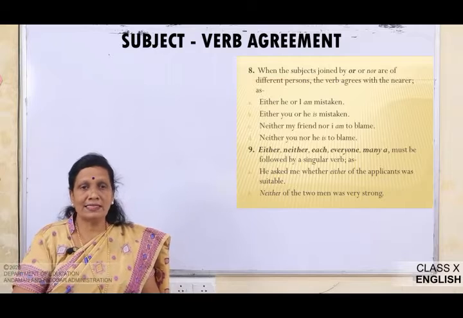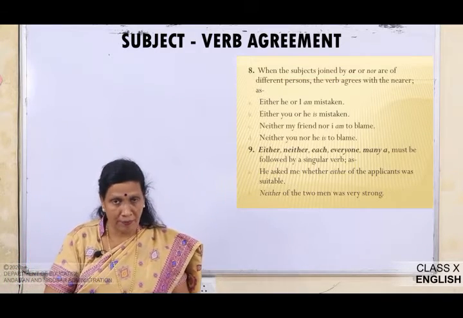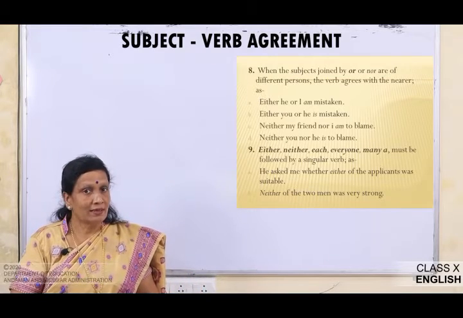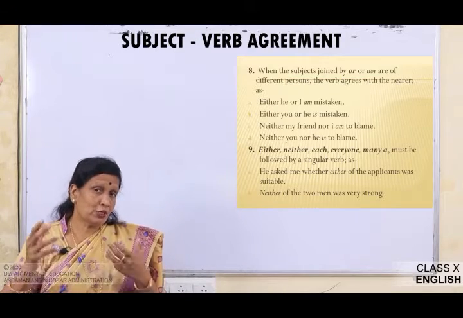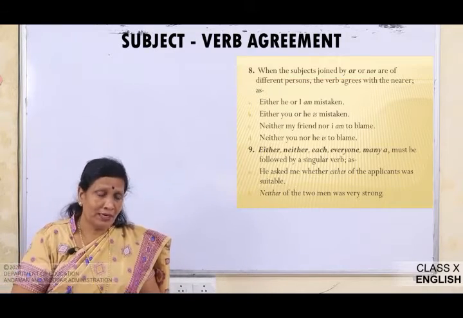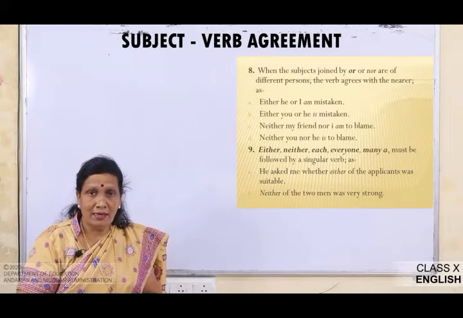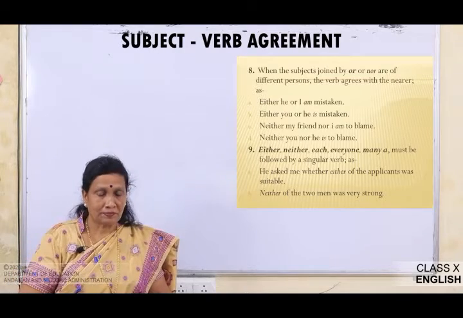Let us look at the next example. When the subjects joined by or, nor are of different persons, the verb agrees with the nearer. Here what does it mean when we say nearer? Let us look at these examples. Either he or I am mistaken.